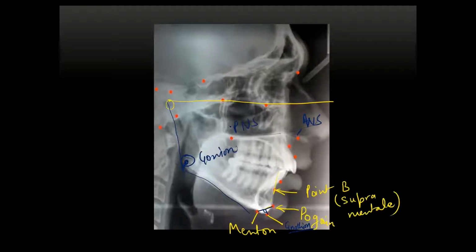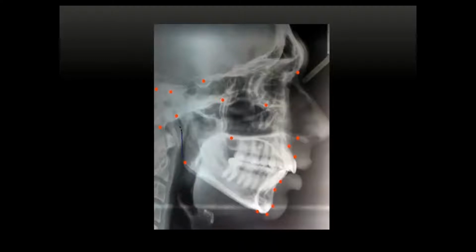Okay, next point we'll discuss. Now when we draw the mandible, this is the mandibular condyle, and this is the base. Now these 2 points, whenever they intersect, this is called articular.